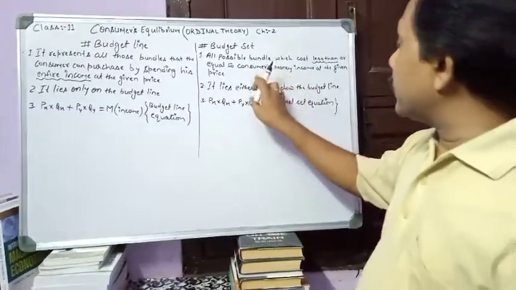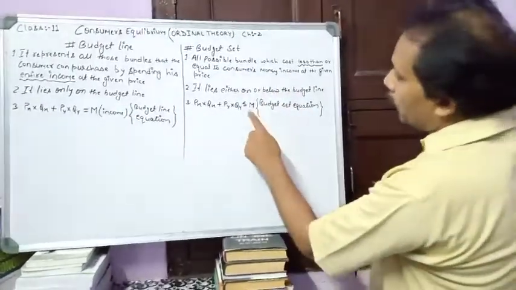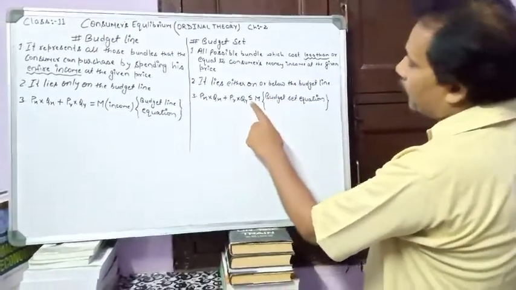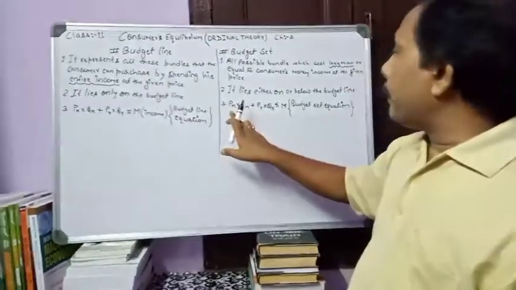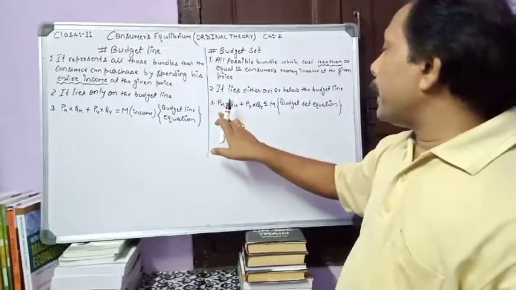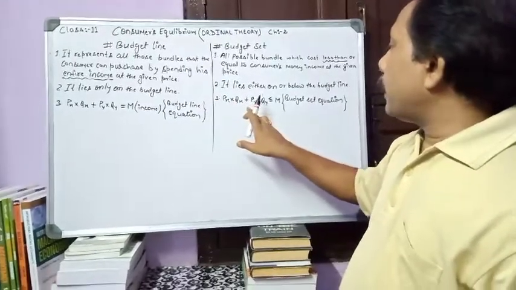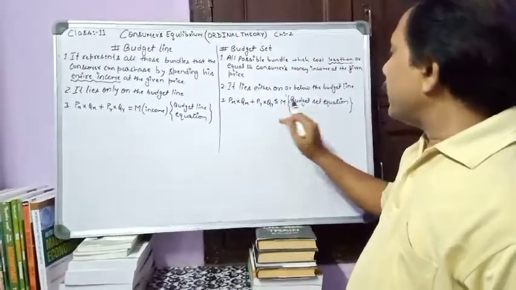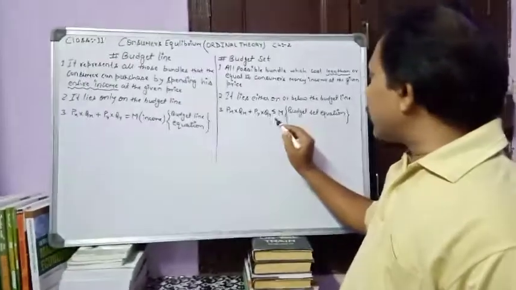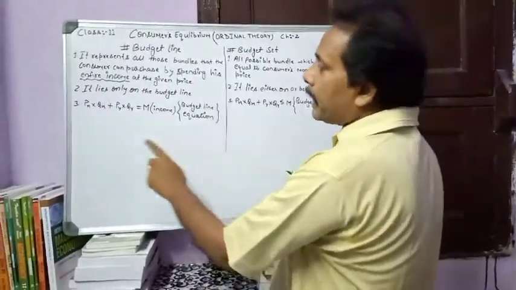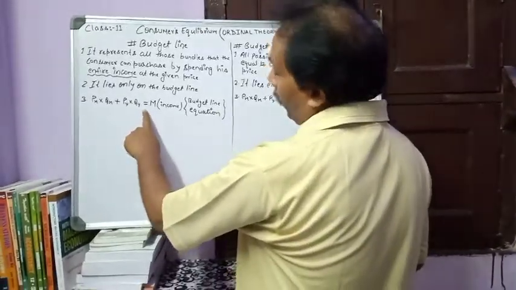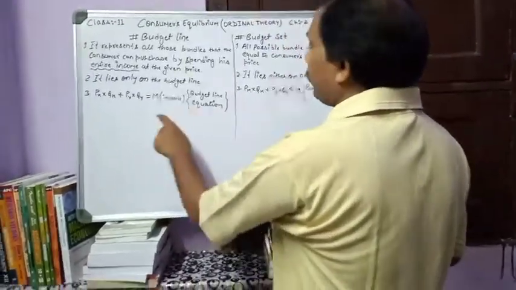This is the basic difference, and it is also denoted in the equations. In the budget set, Px into Qx plus Py into Qy may be less than or equal to money income, but in the case of budget line, it must be equal. So this is the basic difference.